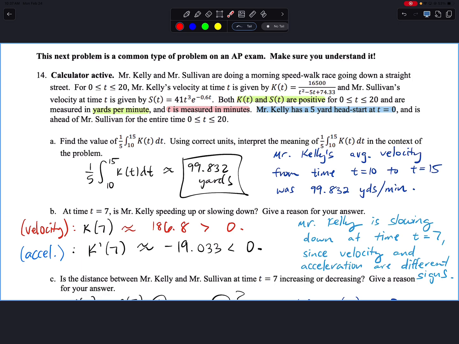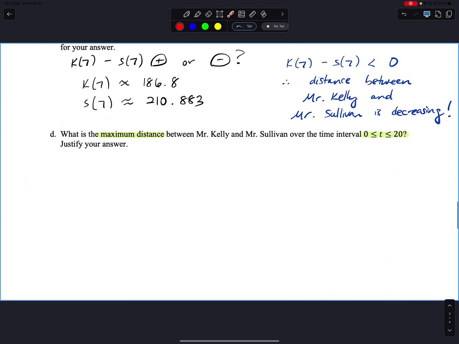Mr. Kelly has a 5-yard head start, right? So at time t equals 0, it's going to be 5. So the equation we're going to use is 5 plus. He's accumulating because he's walking. Which function is Mr. Kelly, K or S? K. So it's going to be the integral from 0 to x of k of t dt, oh sorry, not plus, it's minus, because the distance between them is decreasing because we're assuming Mr. Sullivan's catching up to him.